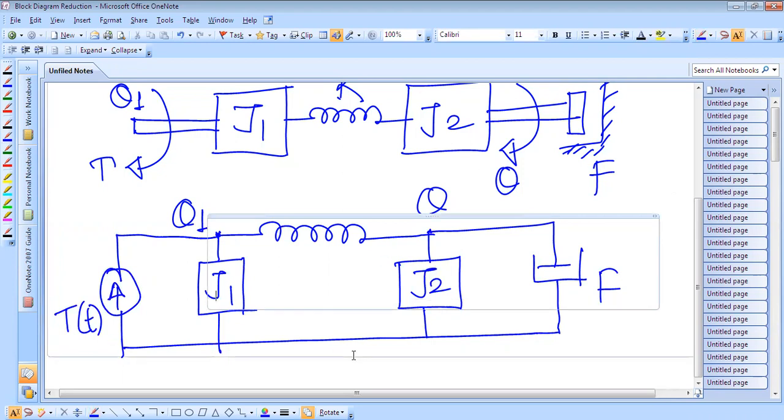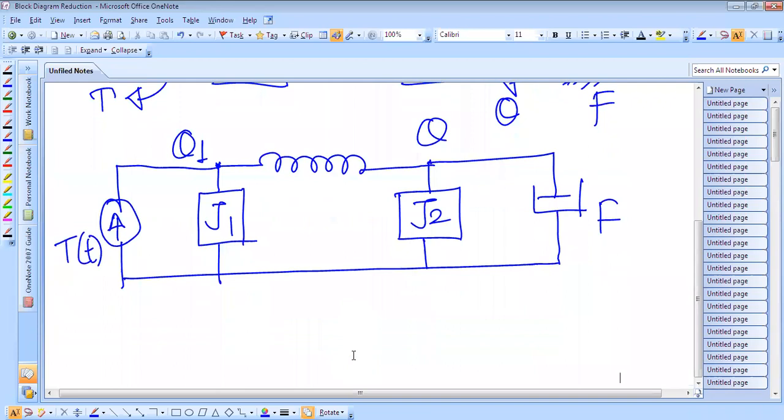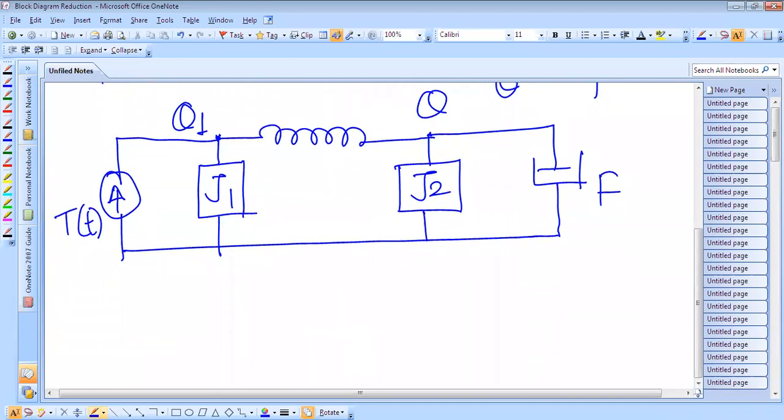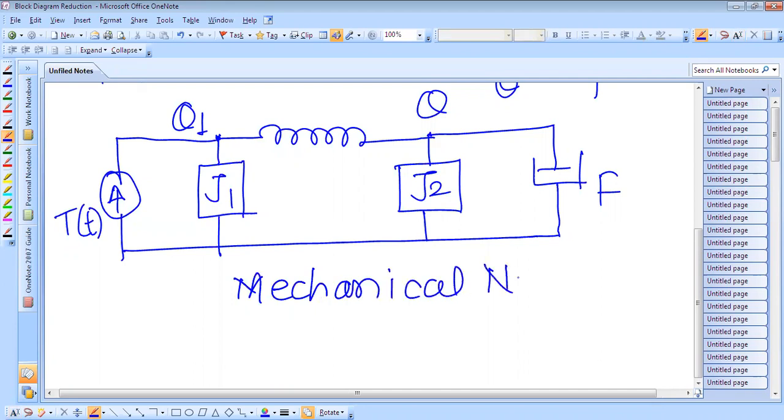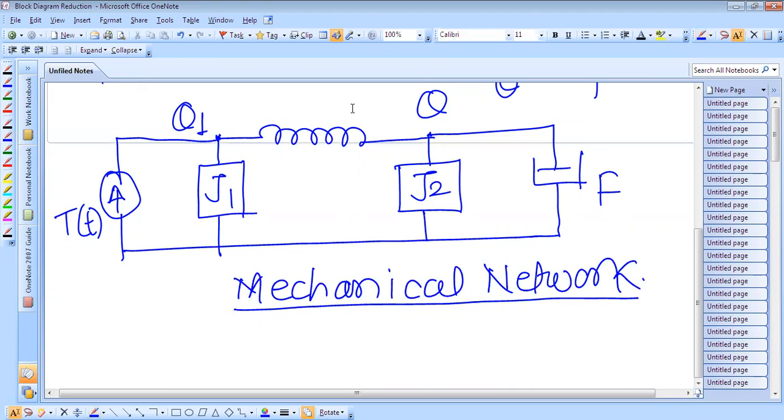Now once you draw the equivalent mechanical network, our next aim is to write the torque equation for this.